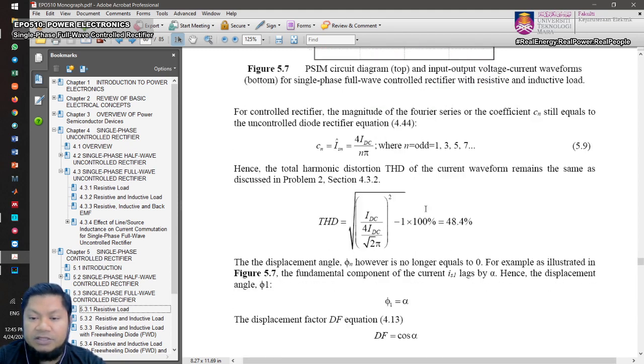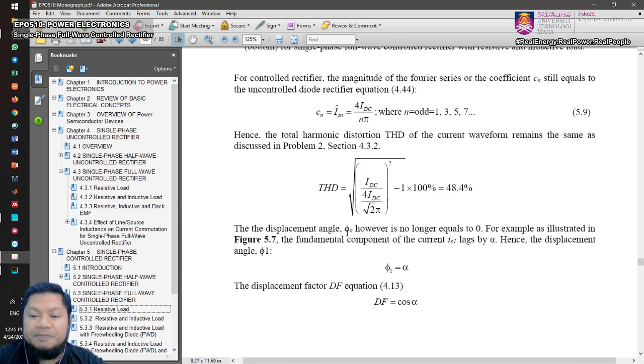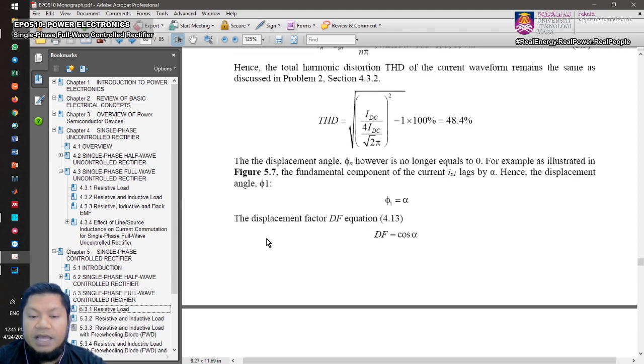Hence you have the same total harmonic distortion, 48.4%. But in terms of displacement angle, it's no longer 0 because you have the controlled rectifier. Now your phi1 equals alpha. Then the displacement factor equals cos alpha because it's cos phi1, isn't it?